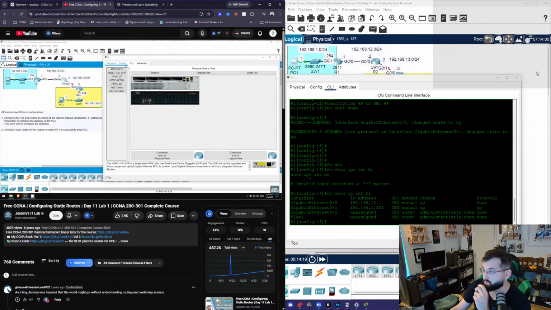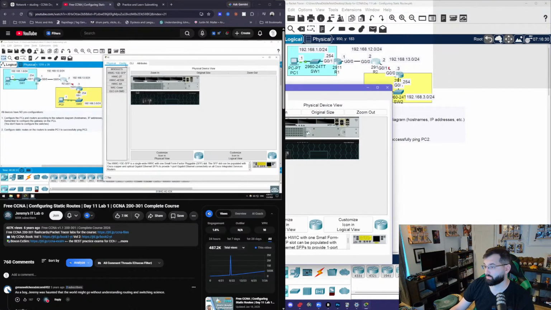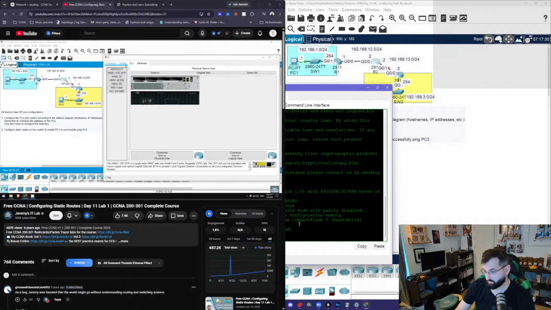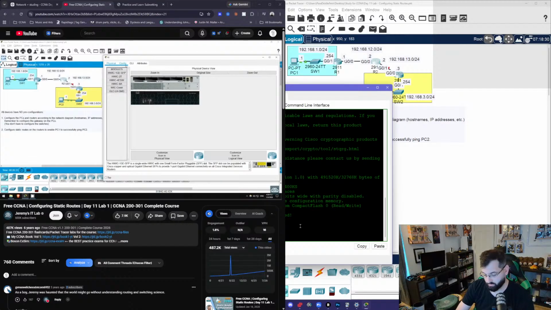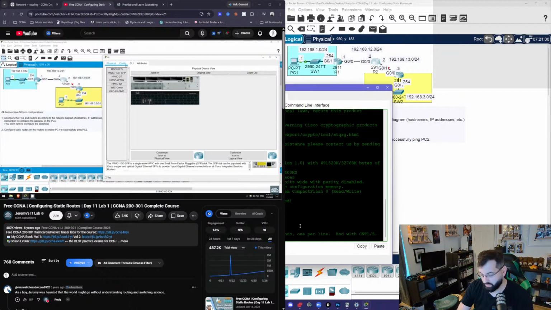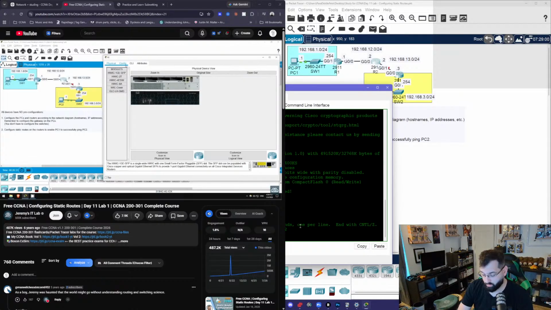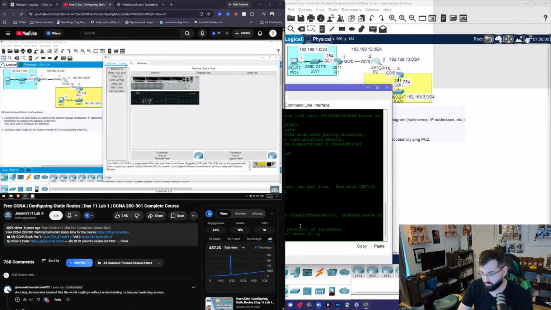All right, now I'm going to try to do this all by myself. Enable. Config T. Hostname R2. Then we're going to go to interface G0/0. Okay, we're going to do no shutdown.